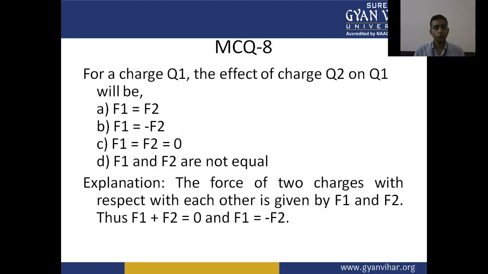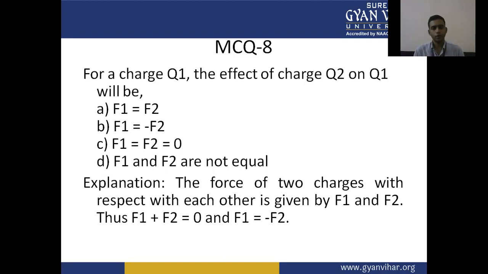For a charge Q1, the effect of charge Q2 on Q1 will be: A. F1 equal to F2, B. F1 equal to minus F2, C. F1 equal to F2 equal to 0, D. F1 and F2 are not equal.